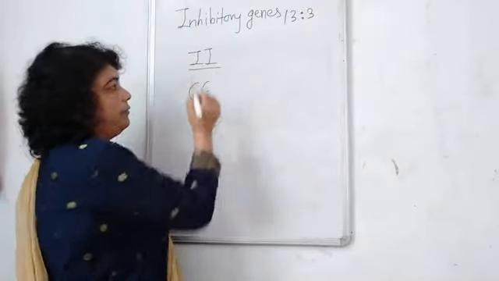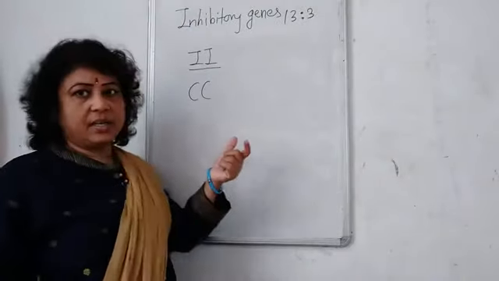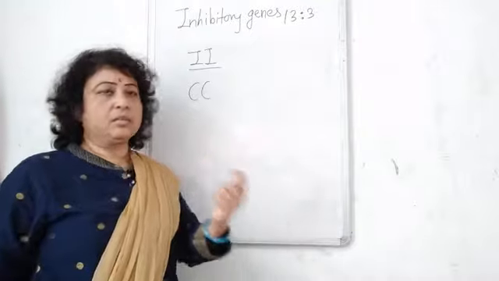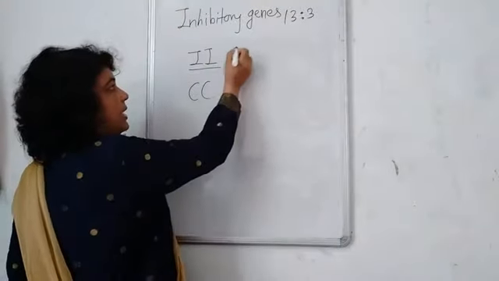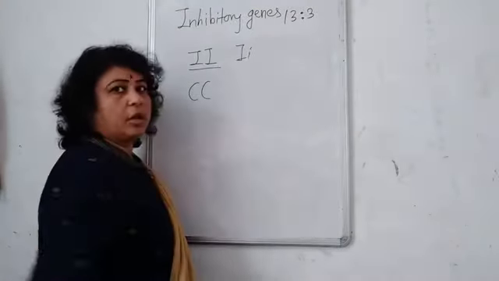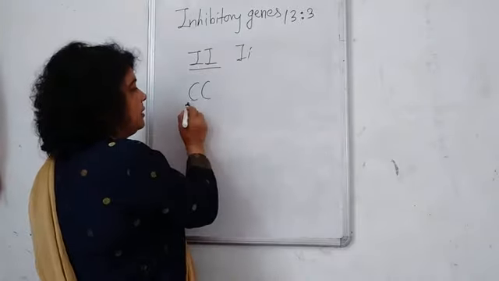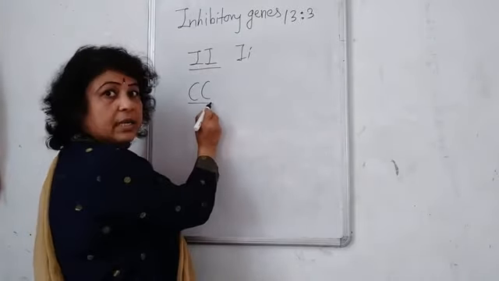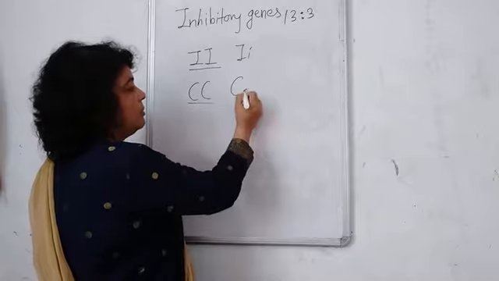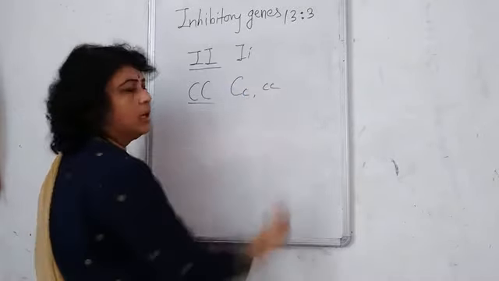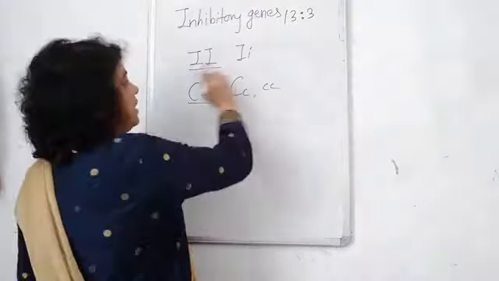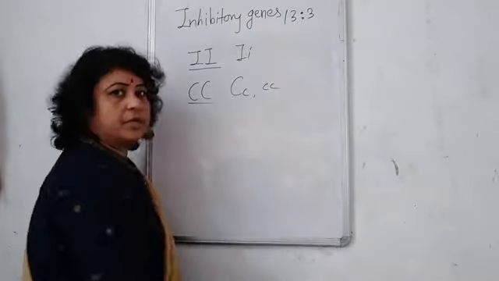When I is in dominant condition, that means homozygous or heterozygous, capital I or capital I small i, then C may be in homozygous dominant, heterozygous, or recessive condition, and I always masks the effect of C.